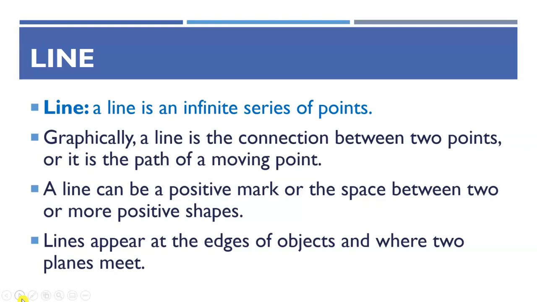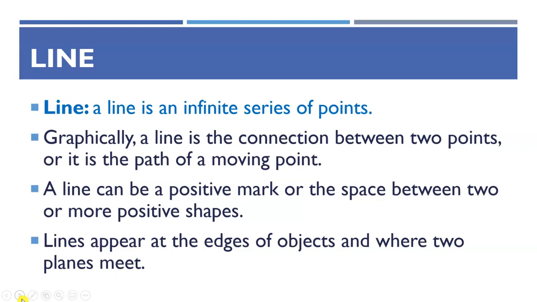A line can be a positive mark, or the space between 2 or more positive shapes. So what does that mean? That means a line can be an actual mark you're looking at, or a line can be implied. Let's say you had 2 squares positioned parallel to each other on screen. In the space between the 2 squares, a line is there as well.